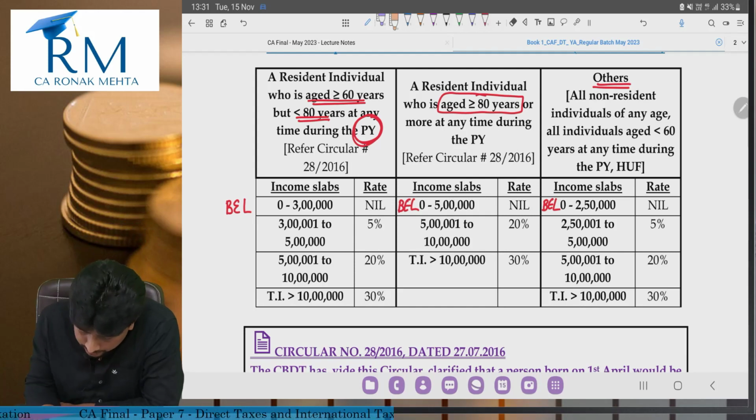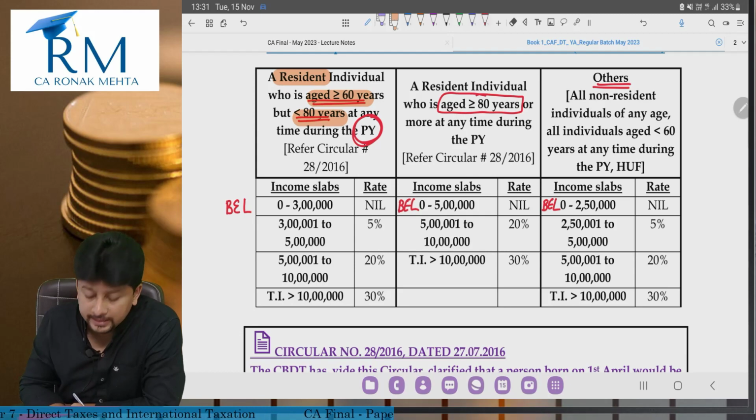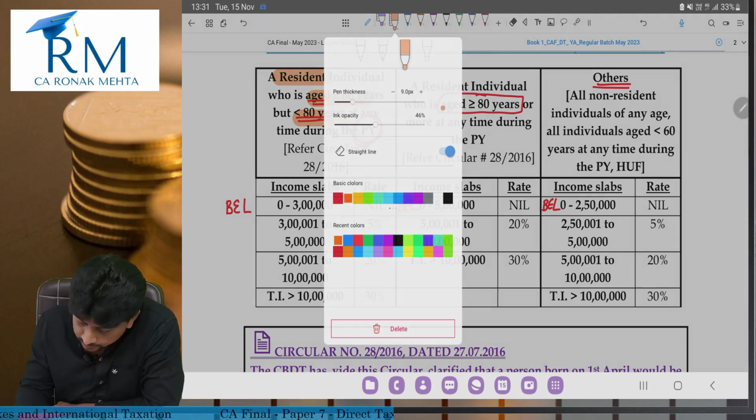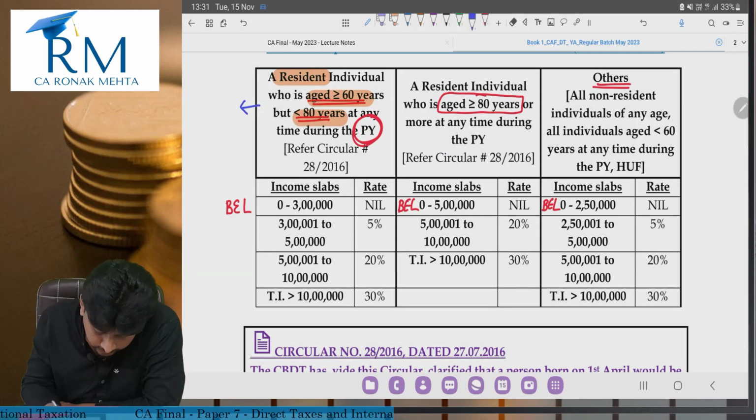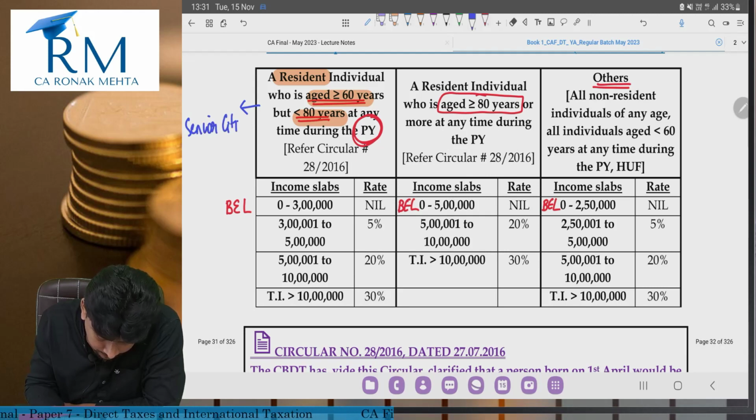If I am a resident and 60 or more but less than 80, for convenience we'll call this first person a senior citizen, but you have to be a resident senior citizen.